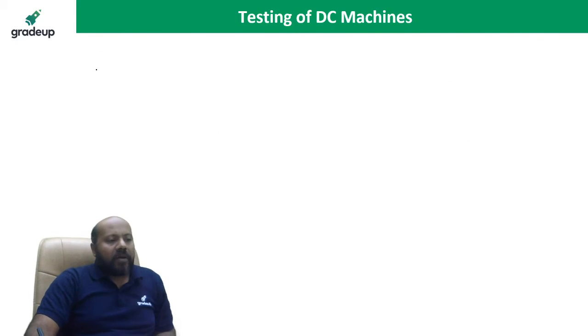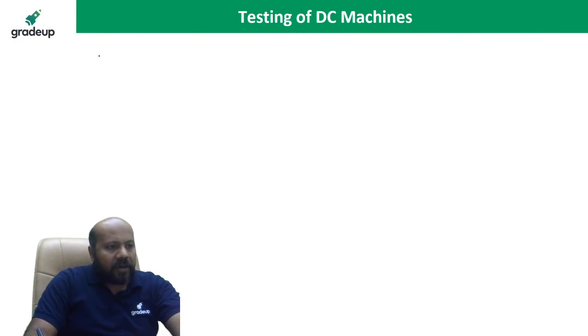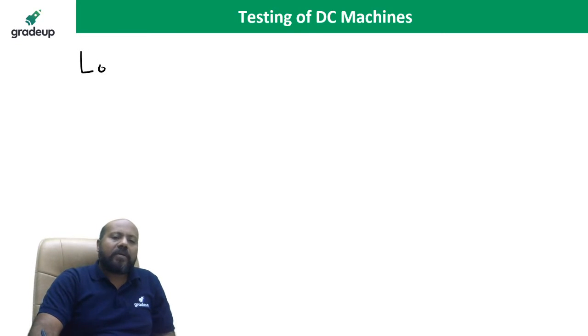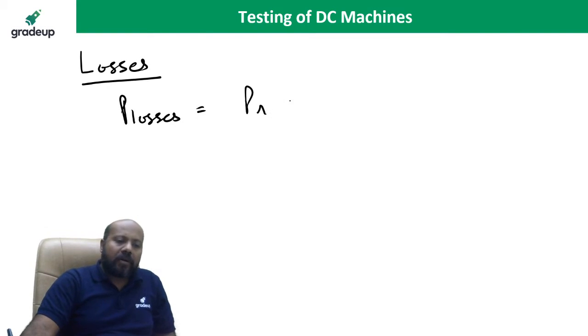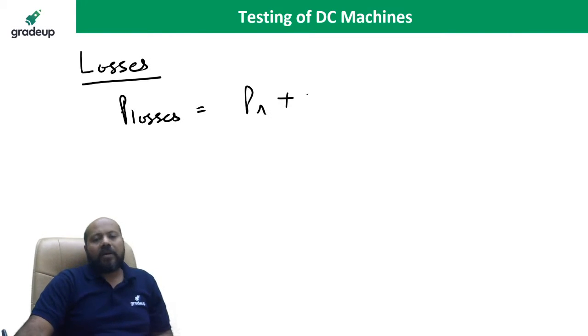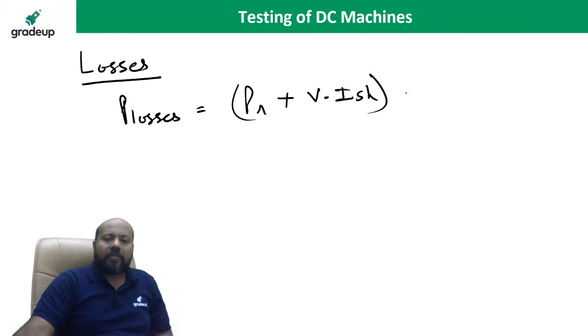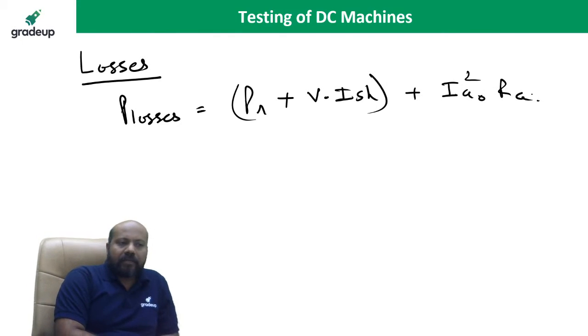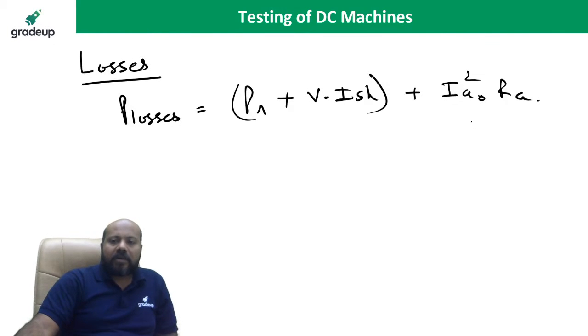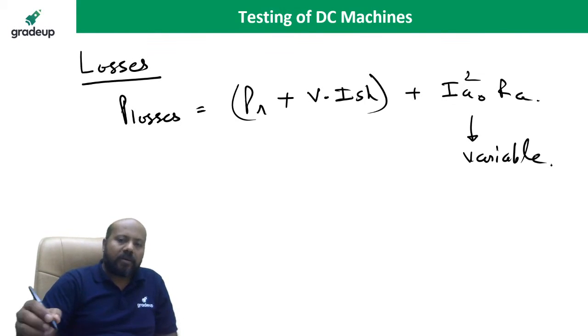What are going to be the losses? Now if you see the losses, you can write P losses is equal to rotational losses plus shunt field losses plus variable losses. Now variable losses are going to be IA0 square RA. This is the armature circuit loss and these are the variable losses.